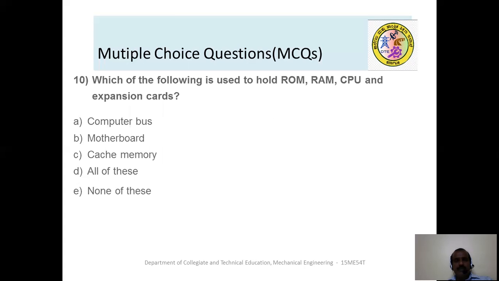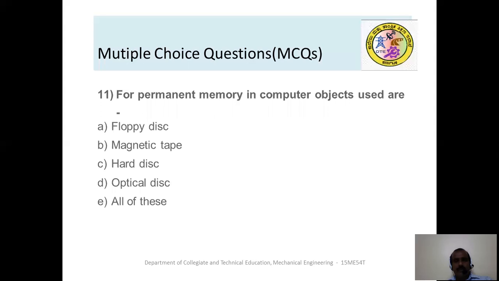Which of the following is used to hold ROM, RAM, CPU, and expansion cards? The answer is B, the motherboard. For permanent memory in a computer, objects used are floppy disks, magnetic tape, hard disk, optical disk, all of these. The answer is E, all of these.